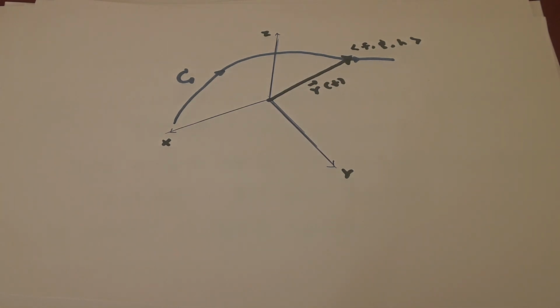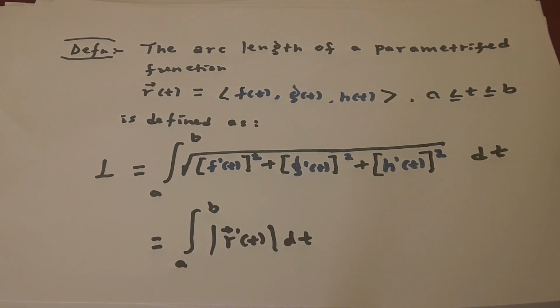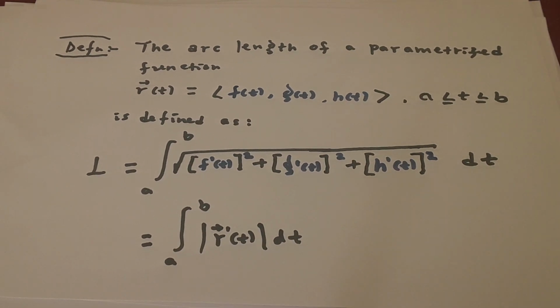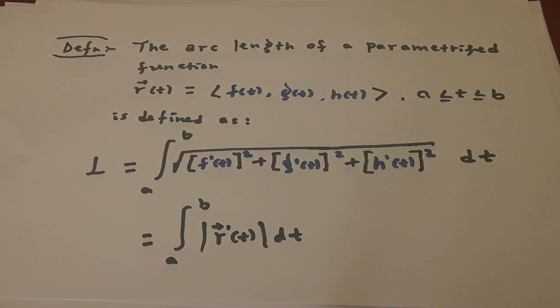Having this, we proceed to the arc length of a curve, the arc length of a parameterized function. Sometimes it's useful to compute the length of a curve in space if the curve represents the path of a moving object.